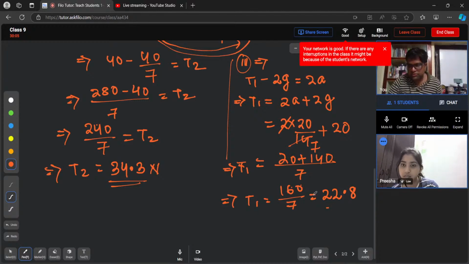So approximately 22.8, and tension is a force.